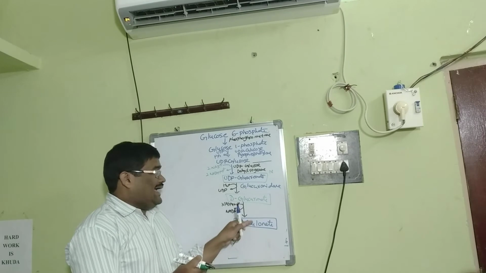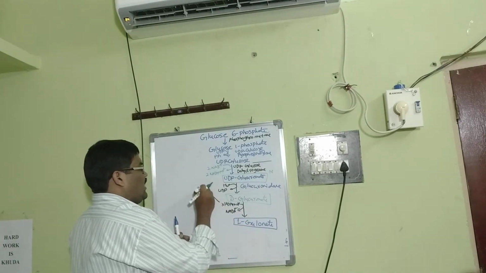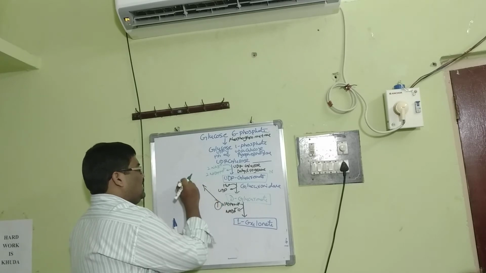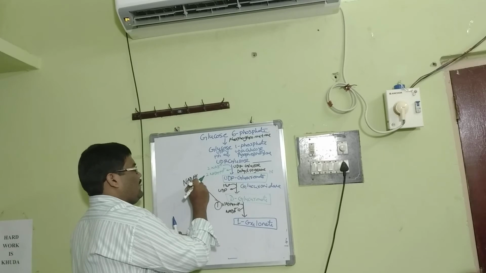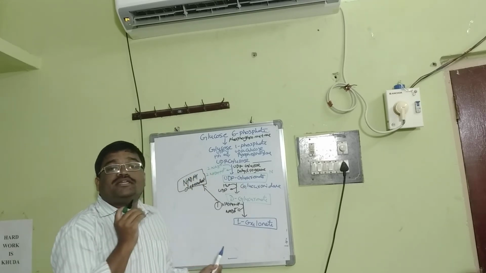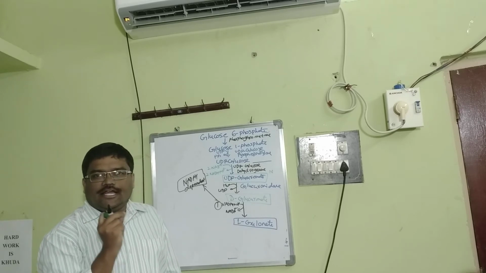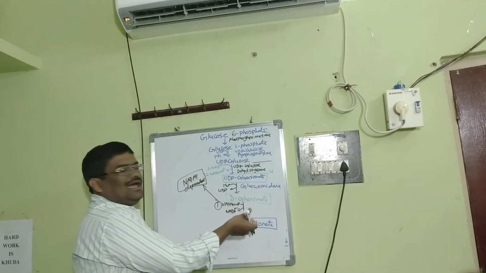That means this reaction is NADPH dependent. NADPH is one of the important, highly reducing agents, and it converts D-glucuronate to L-gluconate.